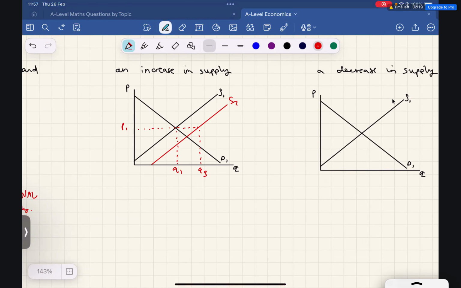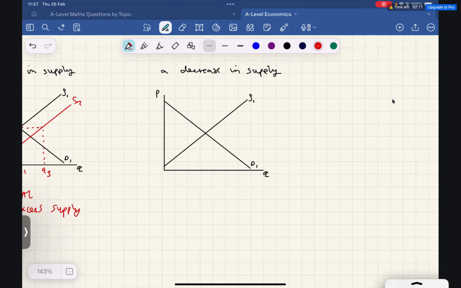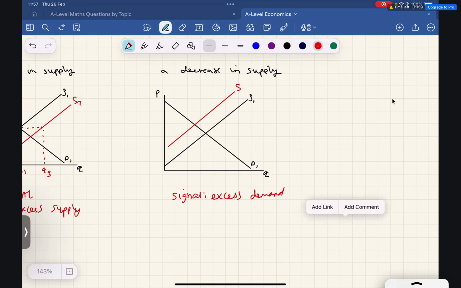And the market sends a signal that there is excess supply. Same thing, just think empty shops. And a decrease in supply, same thing, I'll just speed up now. Signal of excess demand. Okay? Does that make sense so far? Yeah. Perfect.